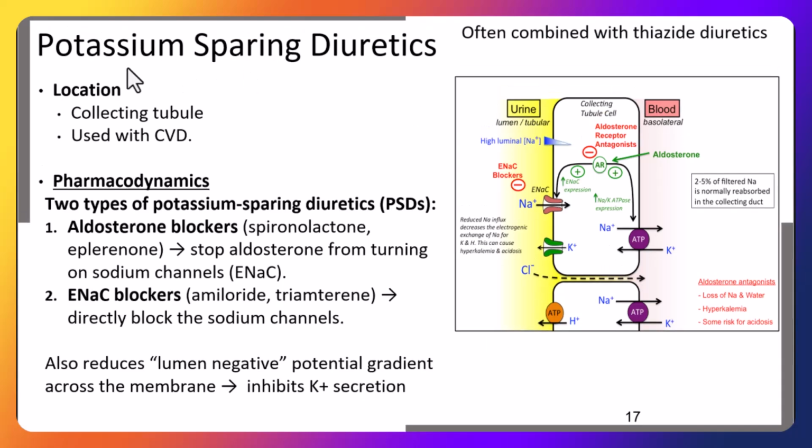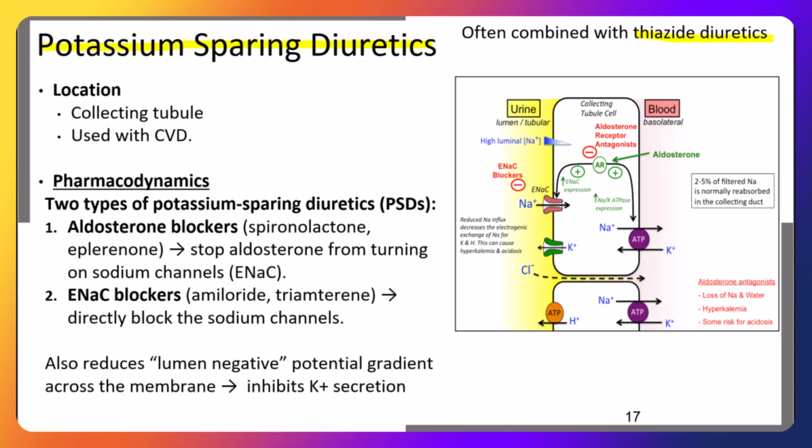First thing to know is that it is common for thiazide diuretics and potassium-sparing diuretics to be used together. The purpose of this is to get the benefit of the diuretic, which is getting rid of necessary ions and water to bring blood volume and blood pressure down, but also try to reduce the amount of loss that occurs with potassium, because potassium is a necessary ion in the body.